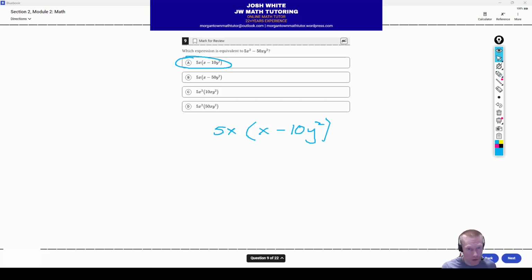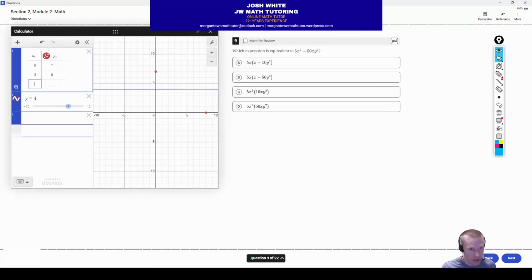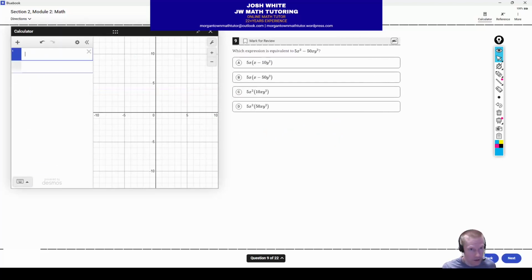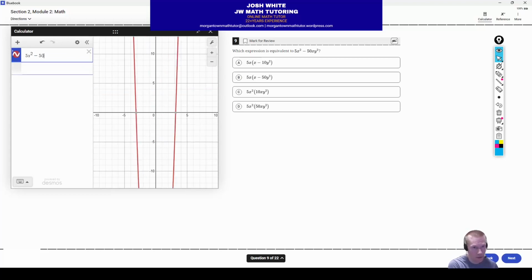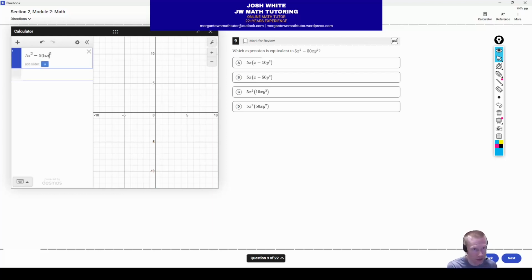Now, an alternate way you could do this as well is you could technically go to Desmos. I'm going to graph the first expression, except I'm not going to use y, I'm going to use a slider.